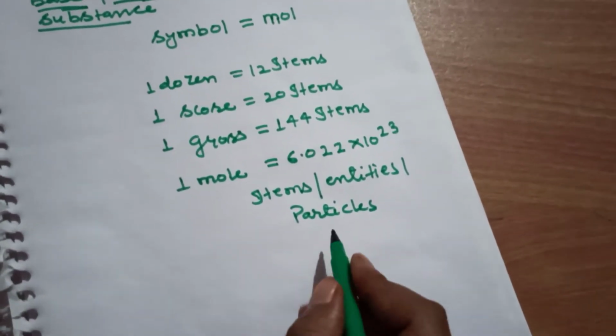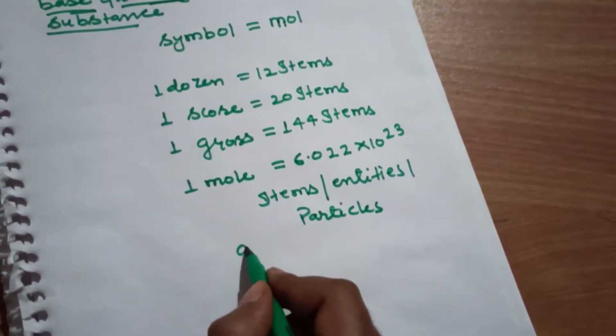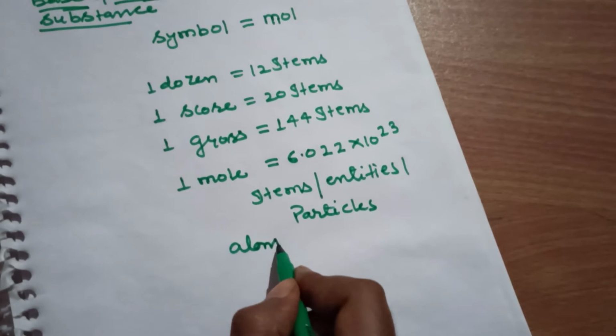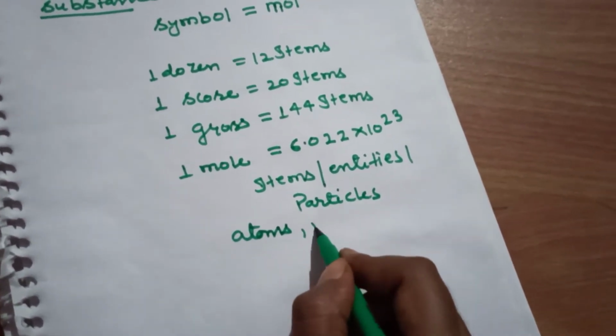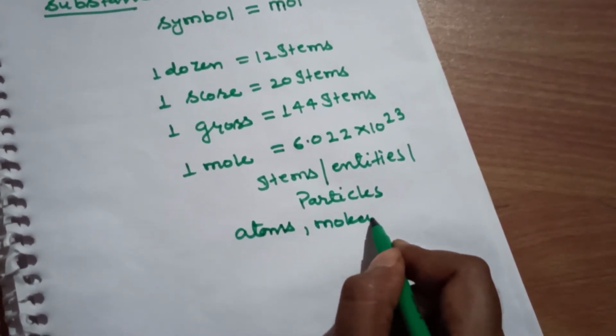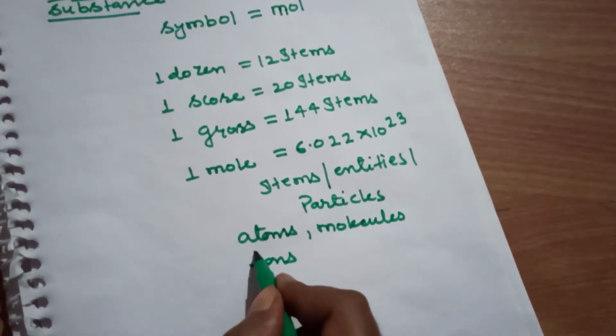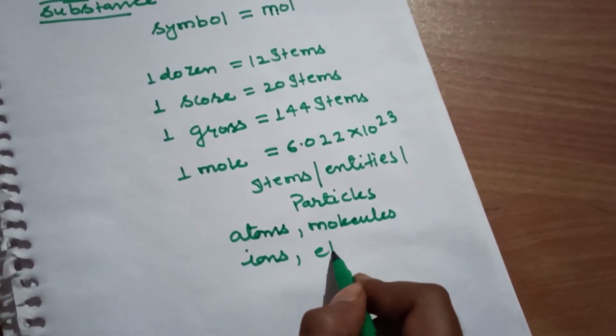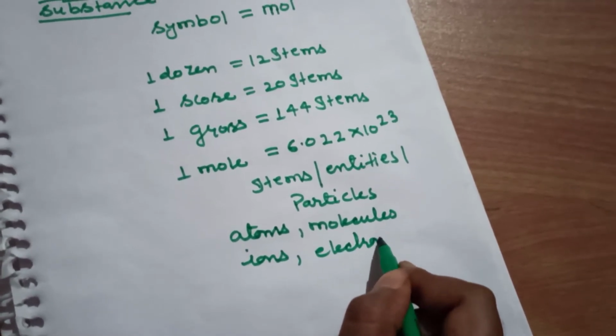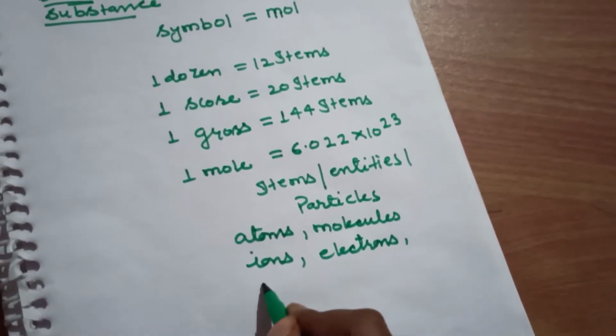In chemistry, these particles may be atoms, molecules, ions, electrons, protons.